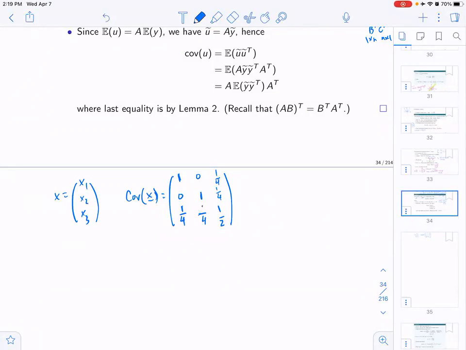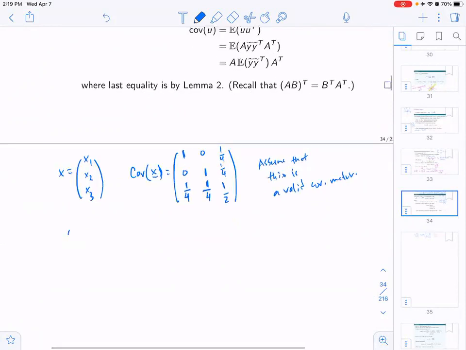So covariance matrices have certain properties that you need to verify. Let's assume that this is a valid covariance matrix. So now I'm going to ask you to compute the variance of x1 plus x2 plus x3. Can you use that result that we discussed to compute something like this?